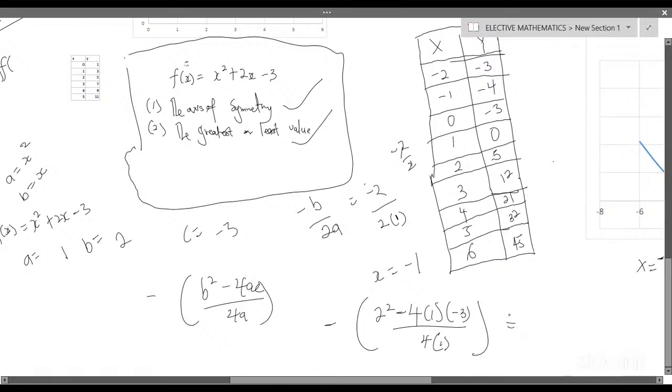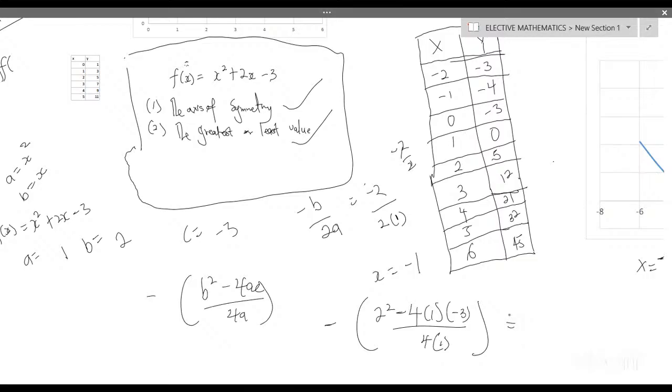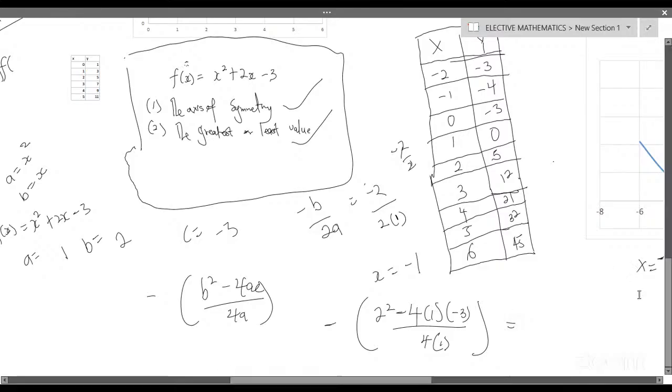What is it going to be? Final answer. What is it going to be?